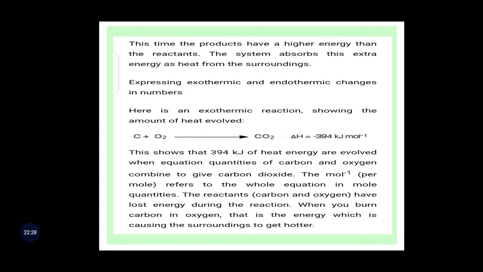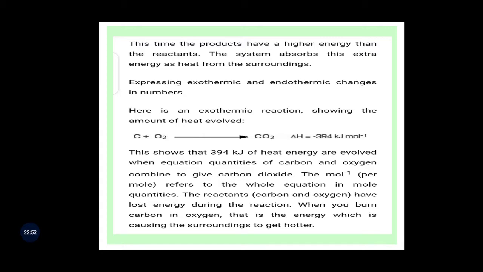I remember back in SS1 I told you that if, for instance, I said combustion of paper, it means paper plus oxygen. So here, what is happening is combustion of carbon. We are reacting carbon with oxygen to form carbon(IV) oxide. And earlier I told you that combustion is a good example of an exothermic reaction.